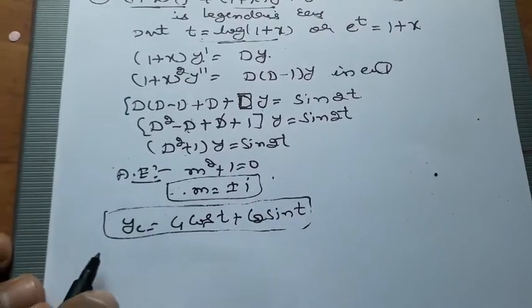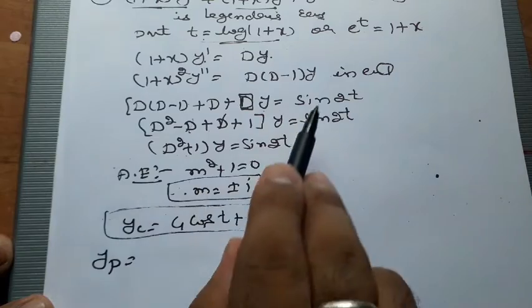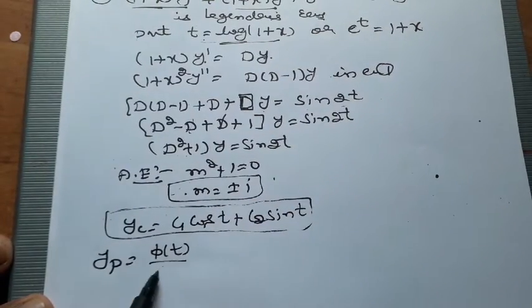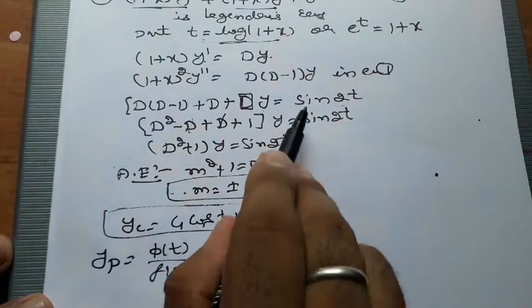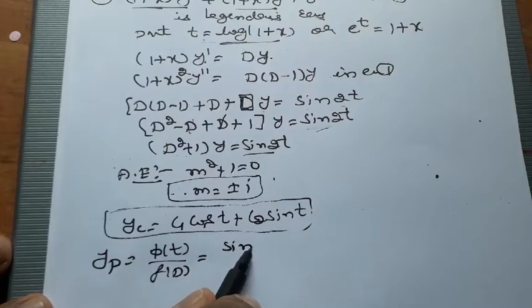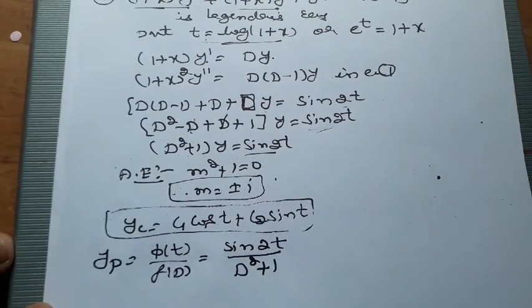Similarly, we move on to the particular integral. Yp is equal to phi of t divided by f of D. Phi of t is nothing but sin of 2t, divided by D squared plus 1. What do I replace here?